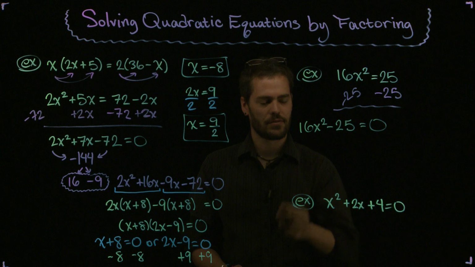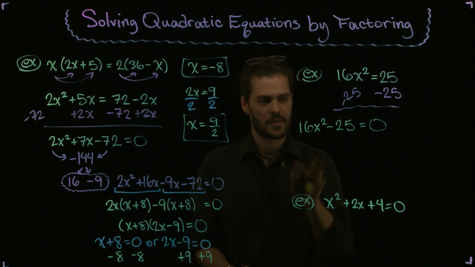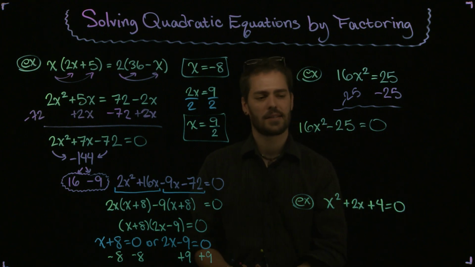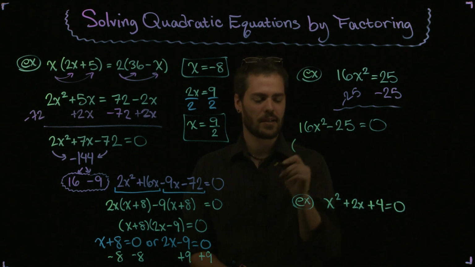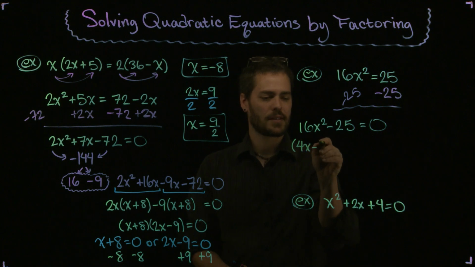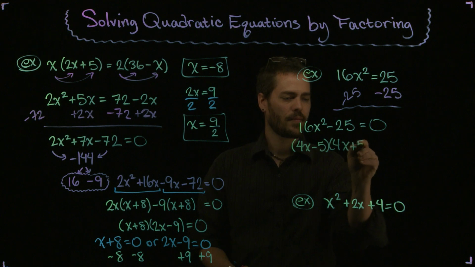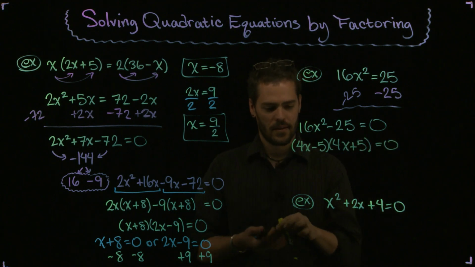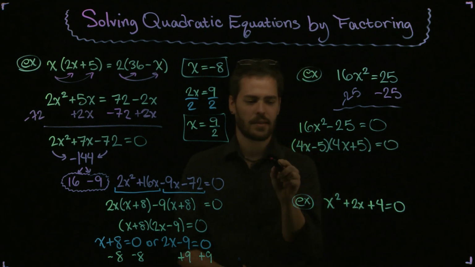This is a special form that you should recognize immediately as a difference of squares. This term is something squared, this term is something squared, there's a minus sign. It is a difference of two squares, which always has a nice factorable form, so I can go directly to the factors, which are 4x minus 5 times 4x plus 5. And that's equal to 0. Then we're going to set each of these equal to 0 using the zero factor property.